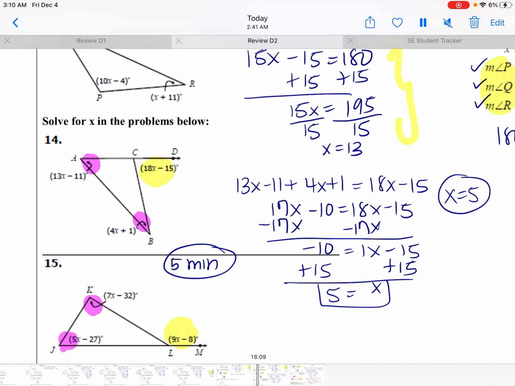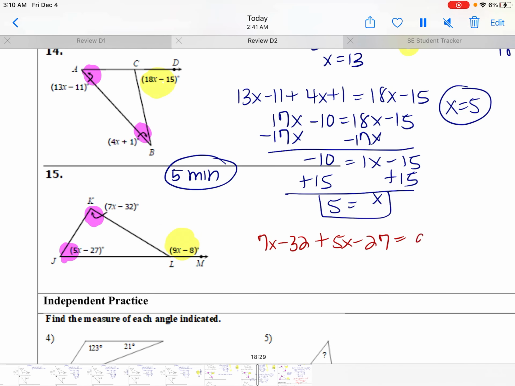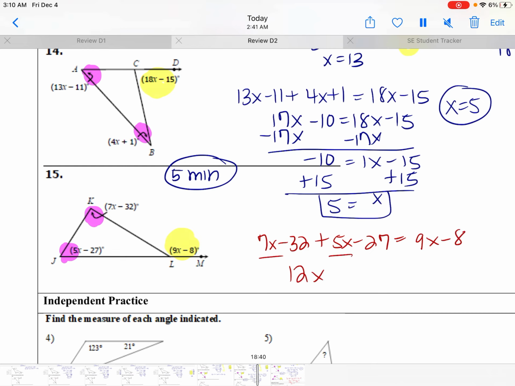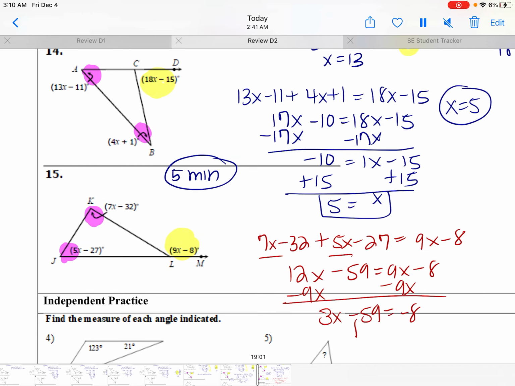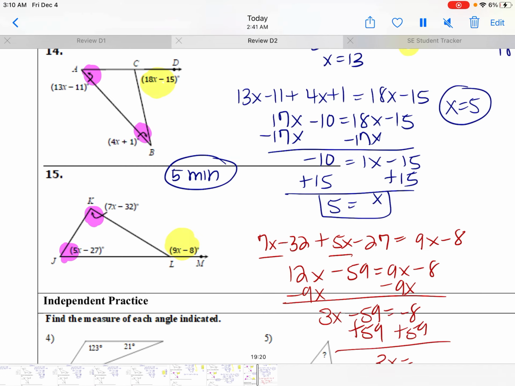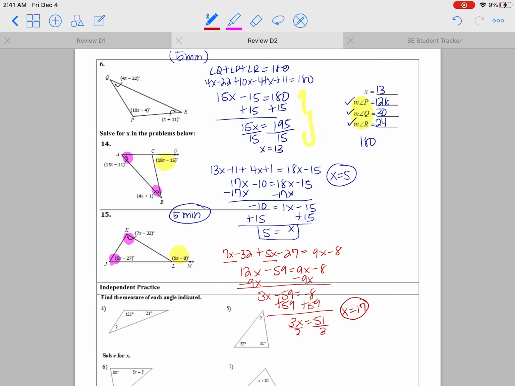Remember, this was an exterior angle, and you were supposed to add up the two non-adjacent angles. 7x minus 32 plus 5x minus 27 equals 9x minus 8. Once you solve your algebra and solve for x, the correct answer was x equals 17. I hope we had enough students completing this problem and getting it right.